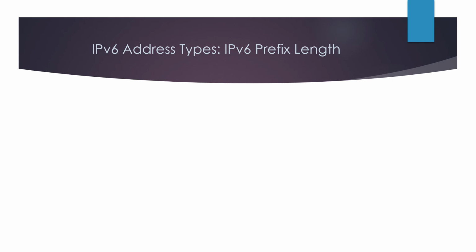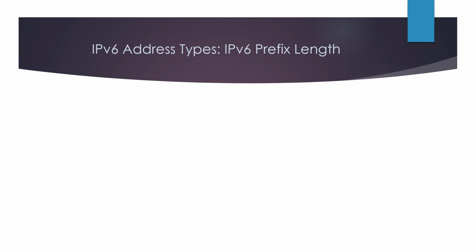IPv6 does not use the dotted decimal subnet mask notation. Like IPv4, the prefix length is represented in slash notation, and it is used to indicate the network portion of an IPv6 address. The prefix length can range from 0 to 128.